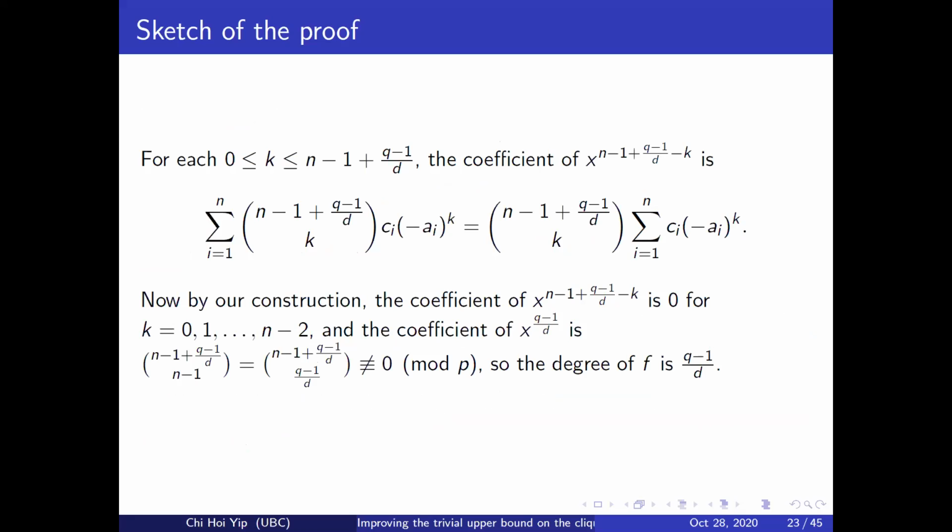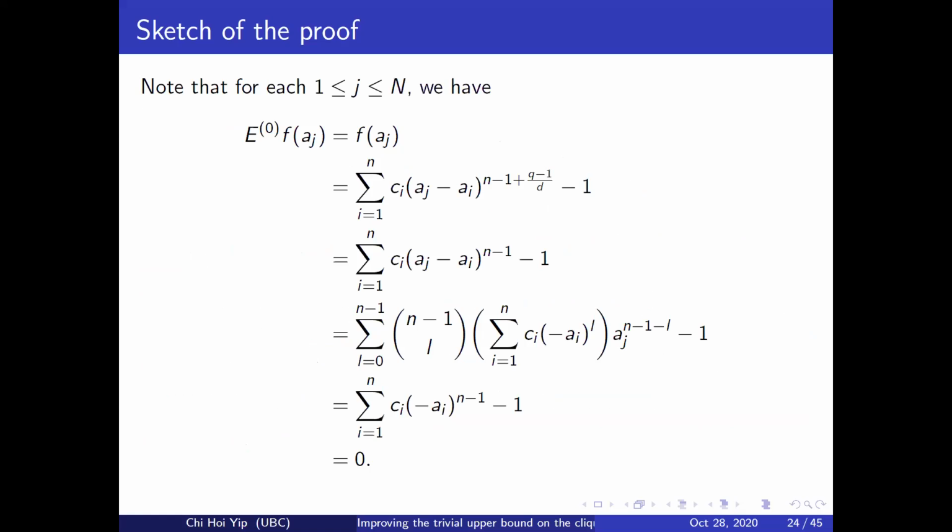Next, we would like to see that each root has a high multiplicity. Firstly, we would like to show that each a_j is indeed a root of this polynomial f. We just write down the definition of f(a_j), which is the summation of this, and then finally minus 1.